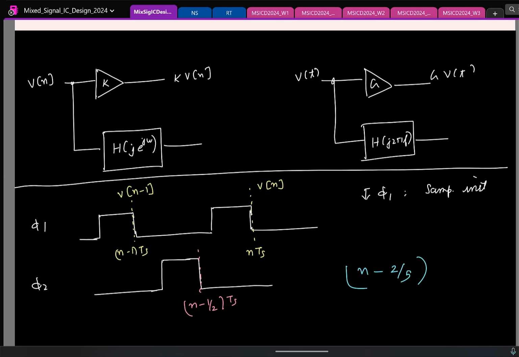If I have phi 1 to phi 5, and I define phi 5 as the sampling instant, that is nTs, then 2 clock phases earlier, that is phi 3, will be n minus 2 by 5. This is to make sure that we can clearly define things. So the signal sampled at this instant we will call v of n minus half.